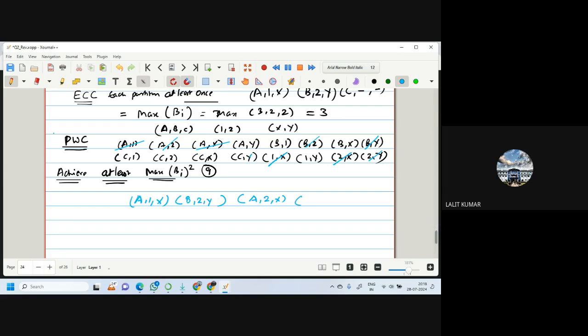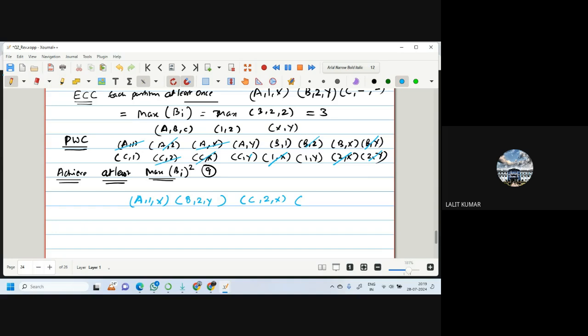Now to achieve AY, take C. You're right, I should have done C2X here. So I will achieve C2, 2X, and CX. Now what should I do? So this has been done.